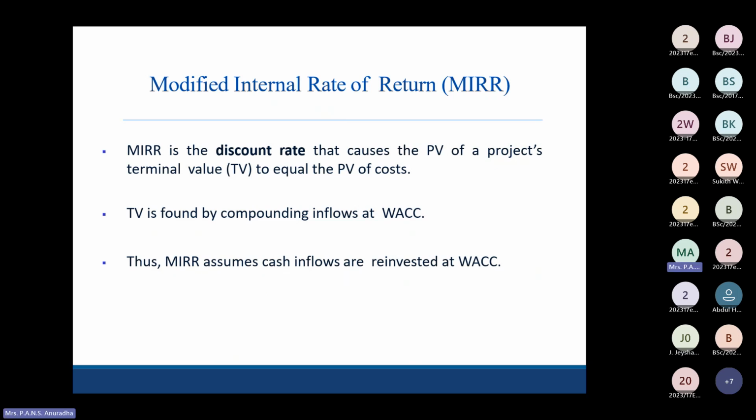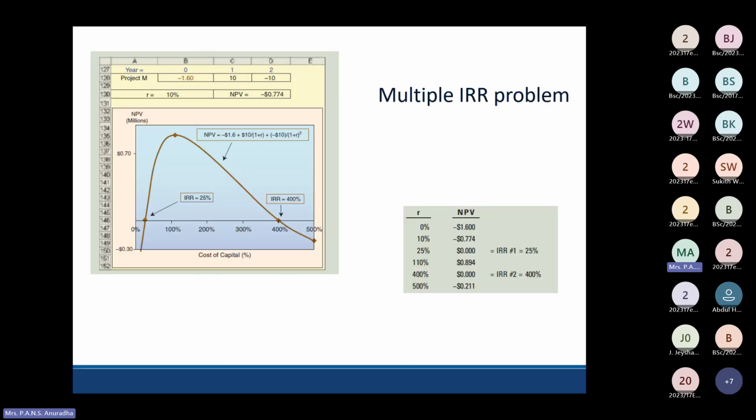it is also a solution for the multiple IRR problem. Now, if you look at this project, the cash flow is 1.6 at 0, 10 at year 1, and again an outflow of 10 at year 2.